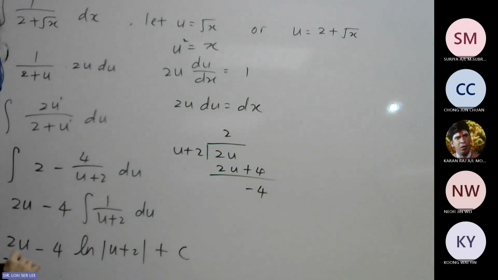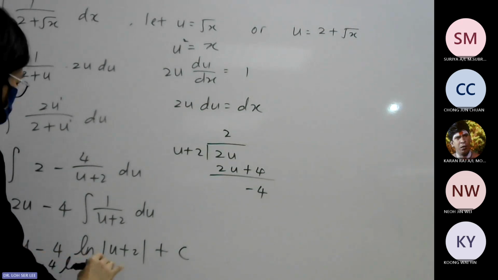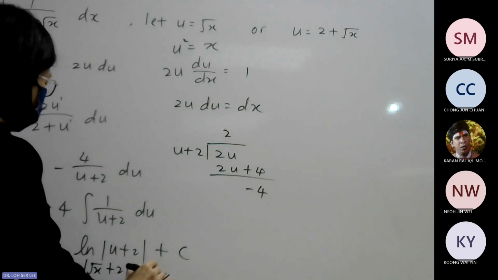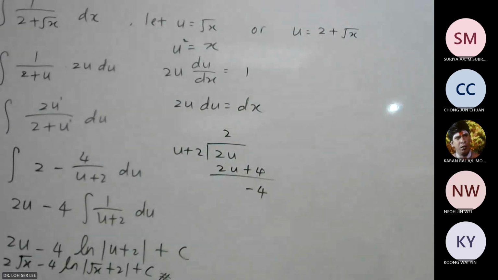So this will be 2u minus 4 log of u plus 2, plus c. Okay, got it?